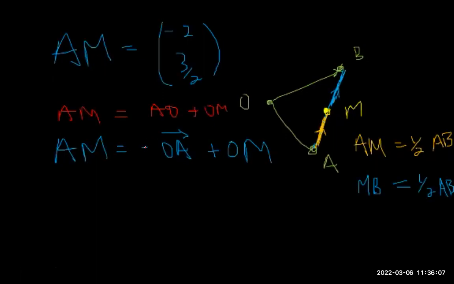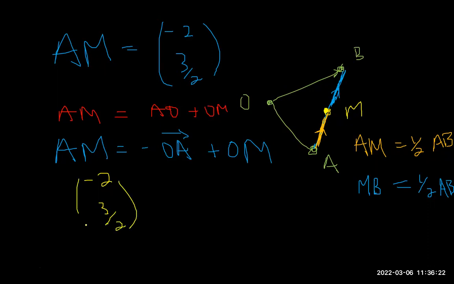And that's how I went from AO to minus OA, right? We know AM, we just found out it's 3 on 2, so it's -2, 3 on 2 is equal to OA, or minus OA, and we know that OA is 7, 1, so that's minus 7, 1, and we're trying to find OM.